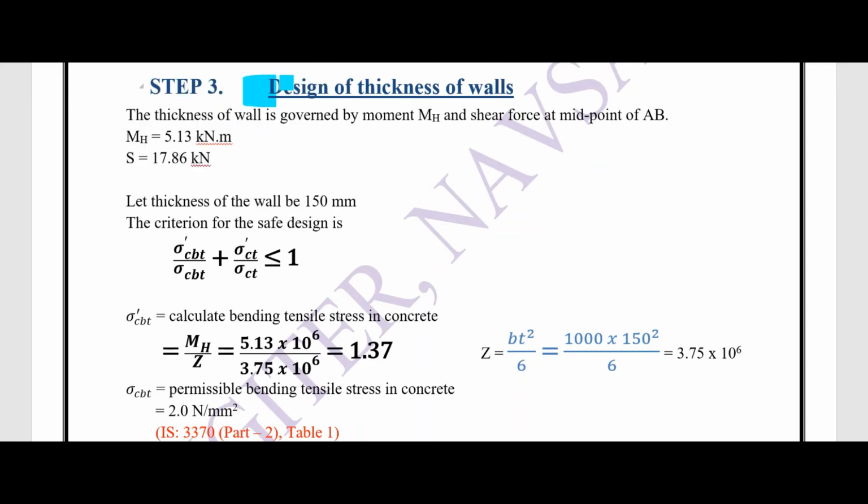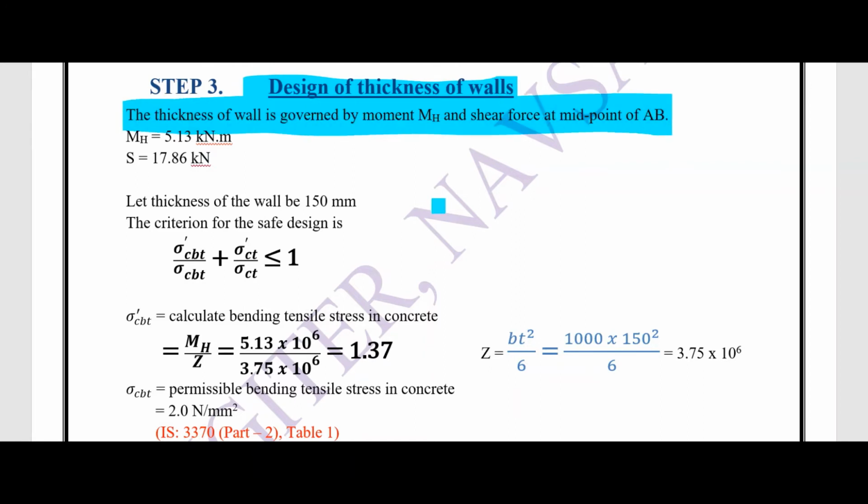The thickness of the wall is governed by the moment MH and the shear force at the midpoint of AB. So we are going to take the maximum thickness for the maximum moment. So MH is 5.30 kilonewton per meter. We assume a thickness of wall of 150 mm.